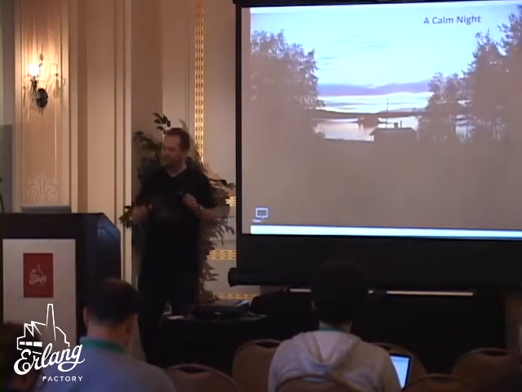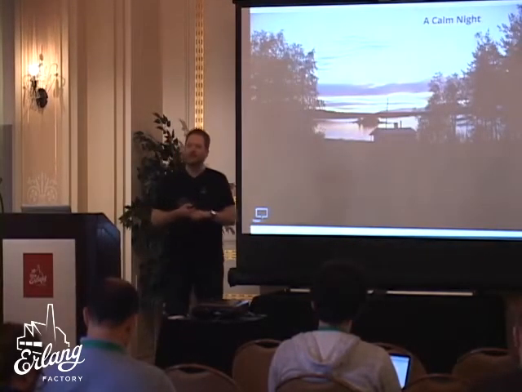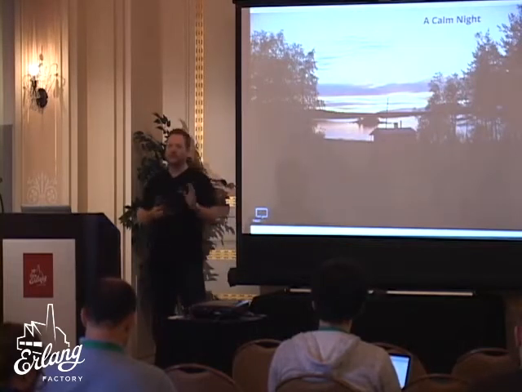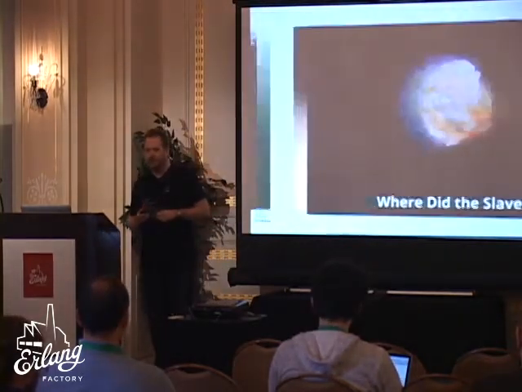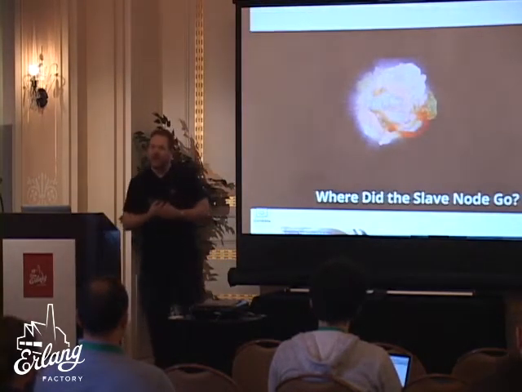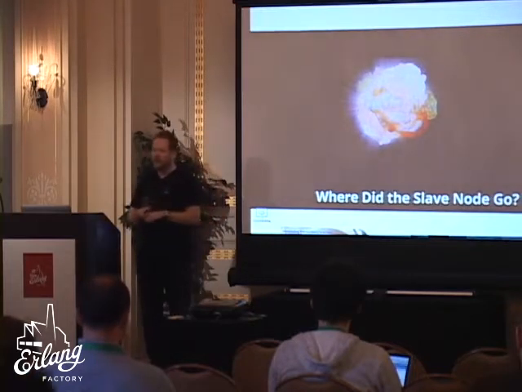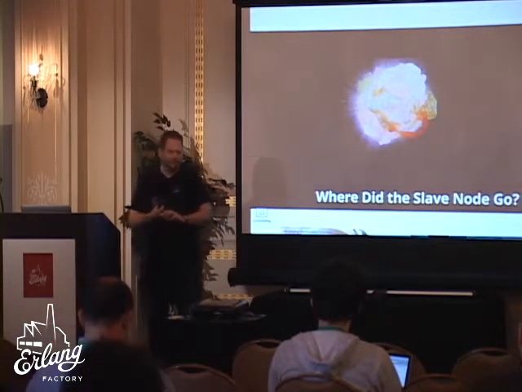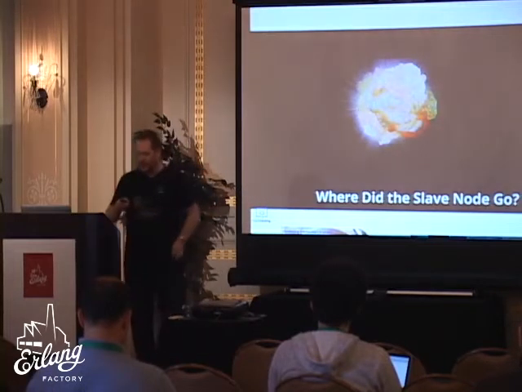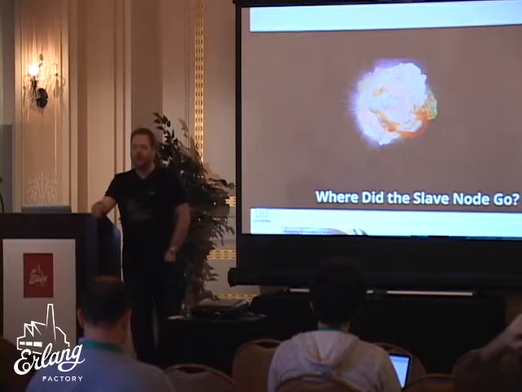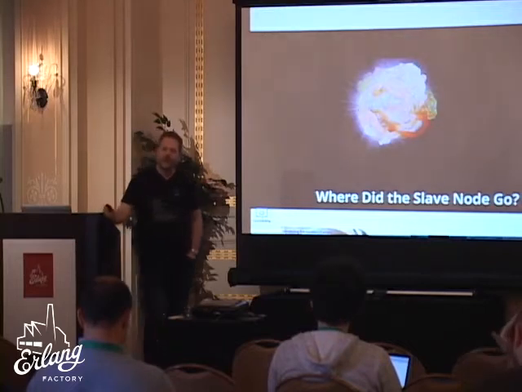And everything was really nice and calm, and the system was working fine. And then one night, bam, one of the nodes just went down. And then a long search started for where did that slave go.